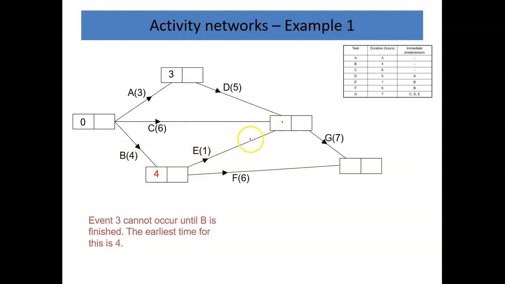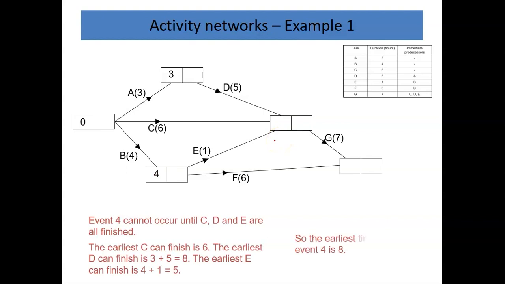So this way I get 5, this way 6, this way 8. I put an 8 in there. Okay, so if that's 8, I've got one more box to do, and I've got the same problem. I've got 2 activities coming into this final node, so I pick the biggest answer.